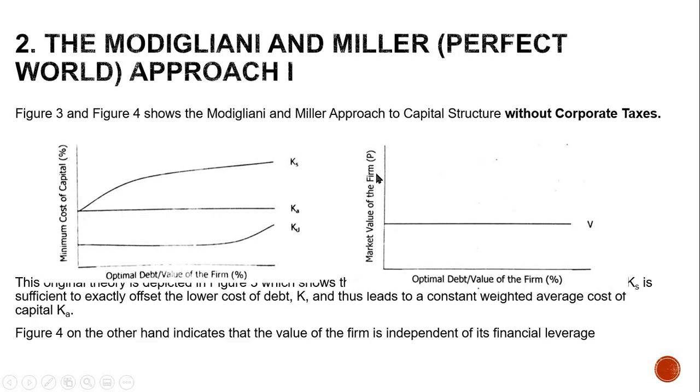Okay? And kung makita natin dito sa ating figure 4, we can see that regardless of the mix or the proportion of debt to equity, the value of the firm is actually independent. So, independence of the financial leverage.